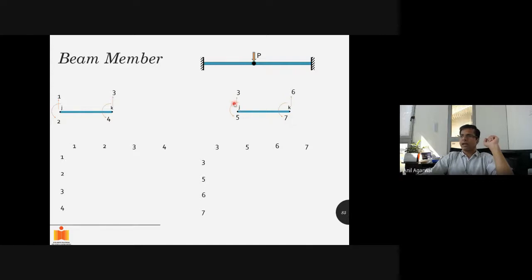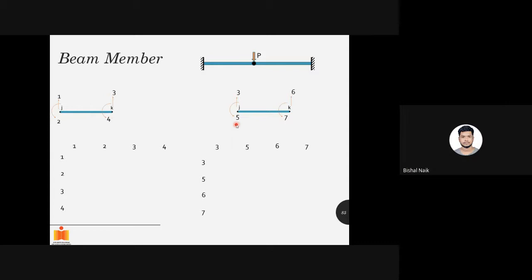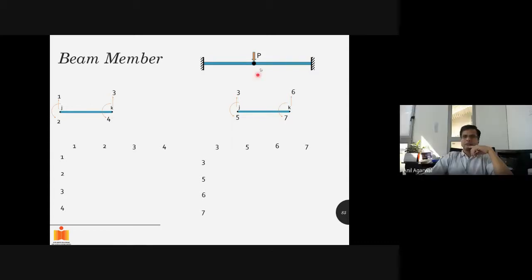Agreed? But I'm not doing that here. I'm changing it slightly because the rotation will be different for the left part and for the right. Exactly. The rotation here will not be the same as the rotation here, but the vertical movement on this side will be the same as the vertical movement here. So 3 and 3 are common, but 4 and 5 are not common. That's why I'm giving them different numbers.